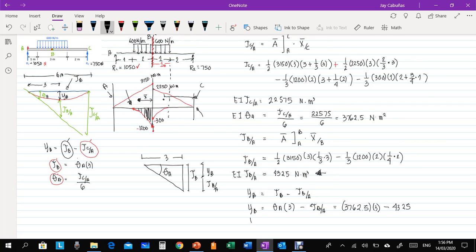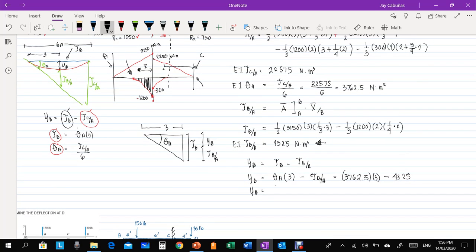Okay, so we have YB equal to 6962.5 Newton, of course, Newton cubic meter over EI. So this should be the answer. Right? If you compare, right?